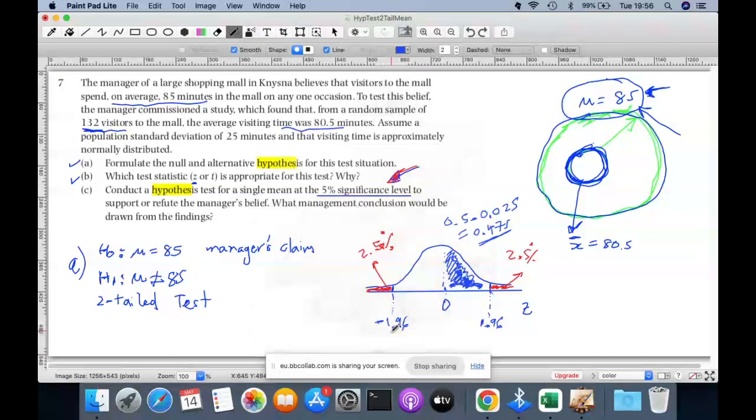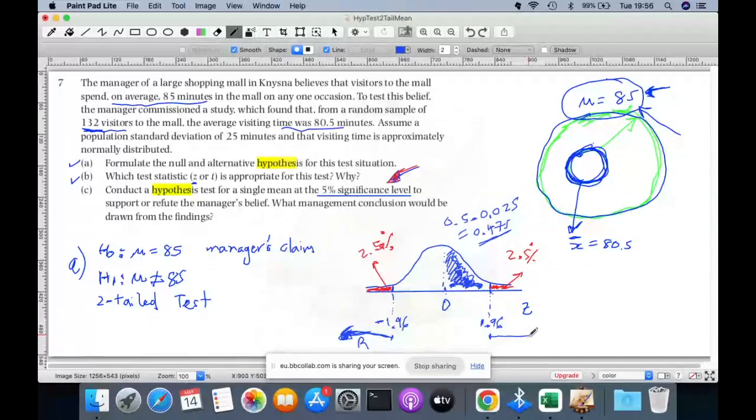Now that you have these boundaries, these boundaries are very important because they're basically your thresholds. They tell you what the region of rejection and acceptance is. So everything on the left, where the red area is, if you get any Z value that falls in this region to the left, we reject H naught. So I'm just going to write R there for reject, and it's the same for the right.